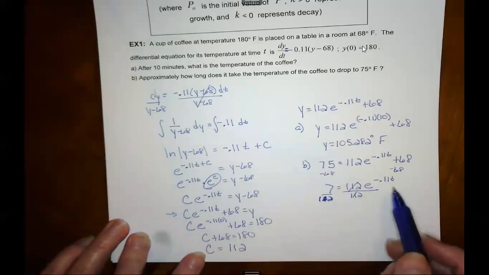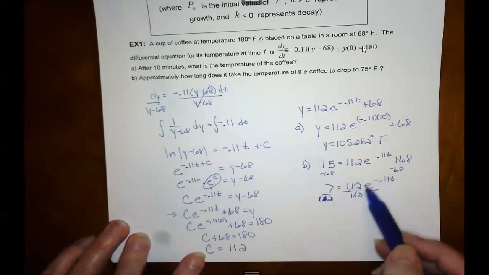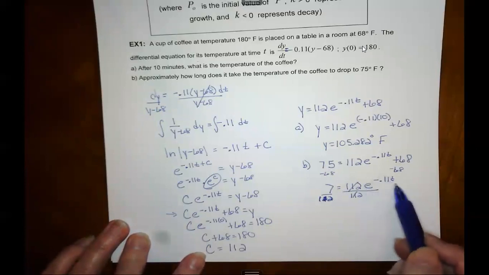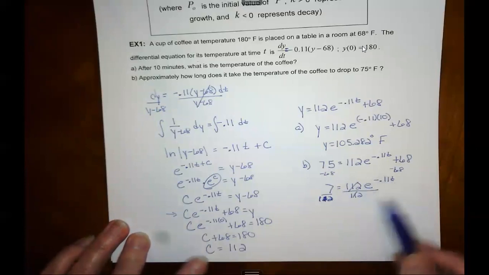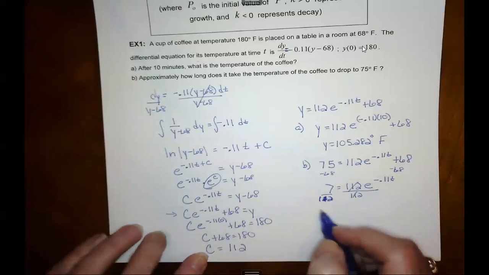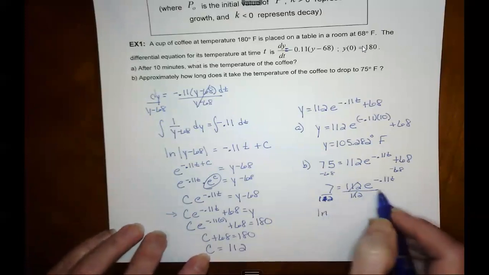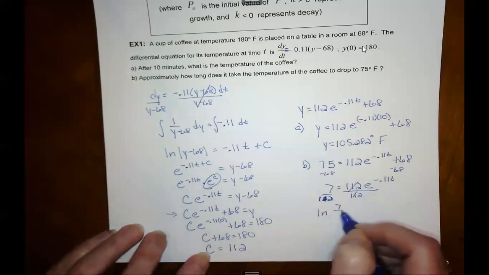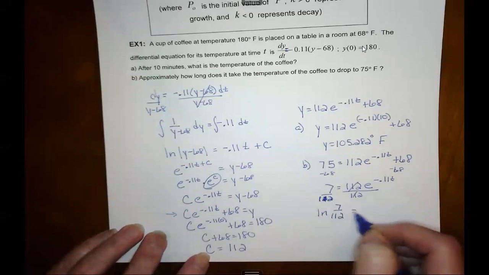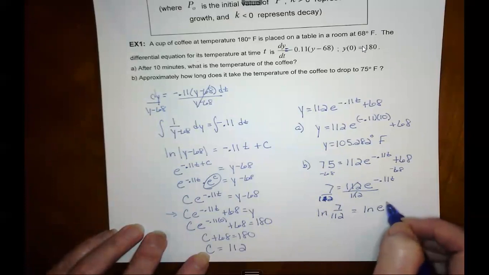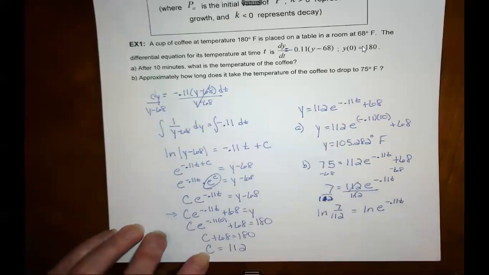Okay, so now we've done everything we can to isolate this term right here, but I'm stuck. So this is where I need to take the log of both sides. I'm going to take the natural log, since we have base e here: the natural log of 7 over 112 equals the natural log of e to the negative 0.11 t power.